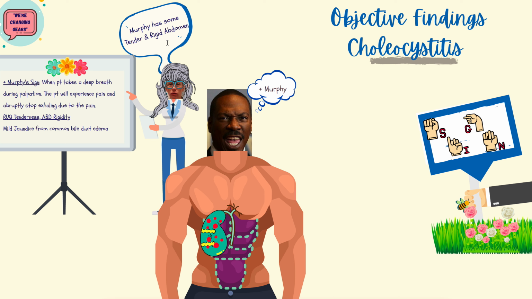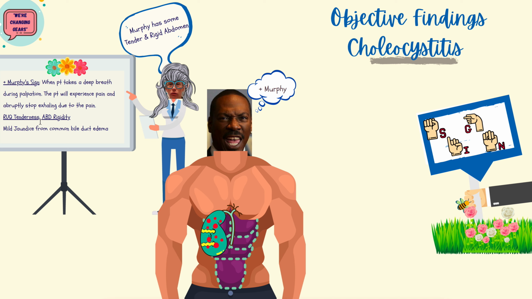They're going to experience pain if it's truly their gallbladder, and they're not going to be able to hold their breath, so they're going to blow that breath out. That's what the Murphy sign is. So we have Murphy here, and then we have the sign. Murphy plus sign. That's a positive finding.